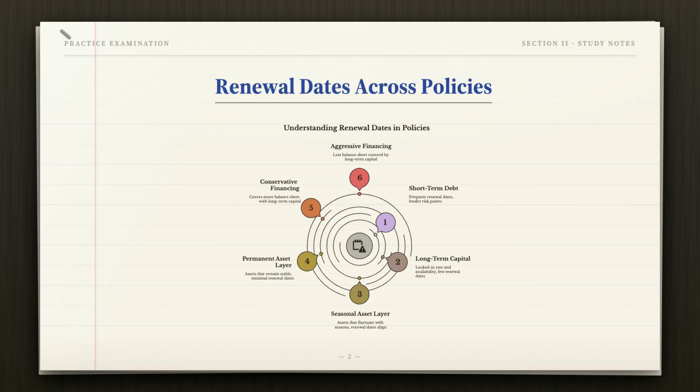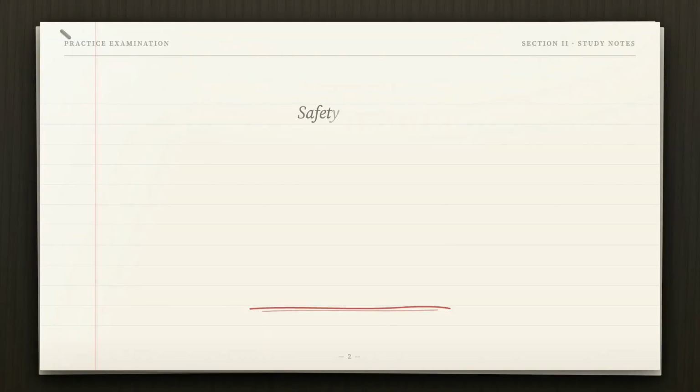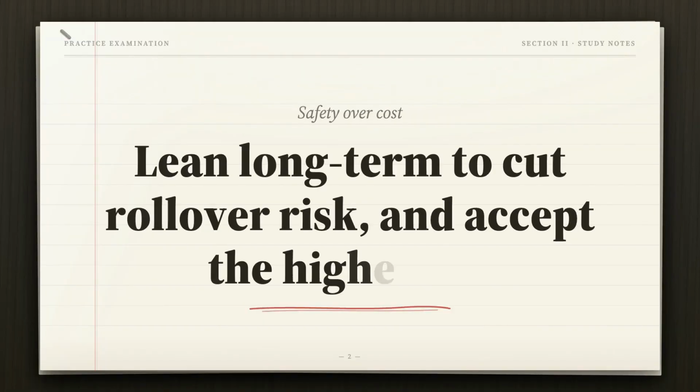The more of it funded long-term, the fewer anxious renewal moments a firm faces, and the lower its rollover risk becomes. Minimizing rollover risk means leaning conservative or maturity matching, paying a higher average financing cost in exchange for far less exposure to a lender's refusal or a rate spike at the worst possible time.